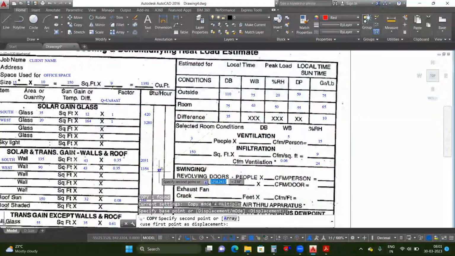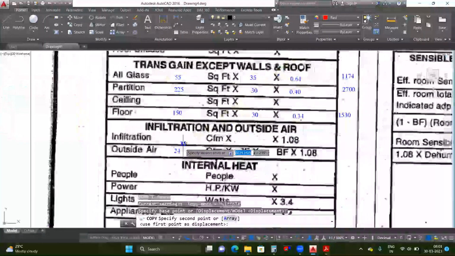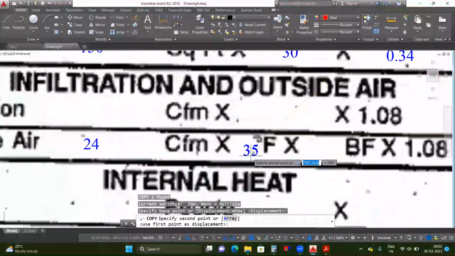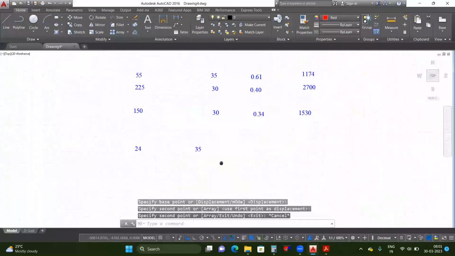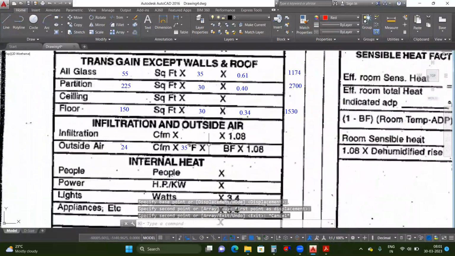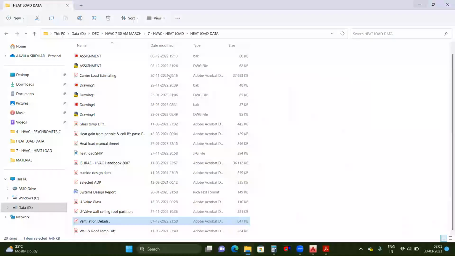That is 35. So CFM multiplied by temperature difference multiplied by bypass factor. We will discuss this bypass factor.